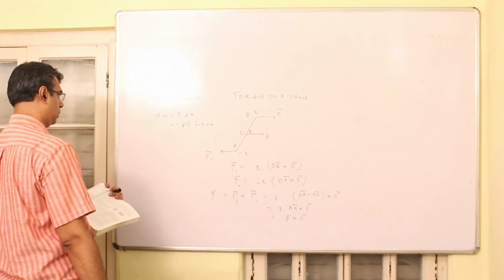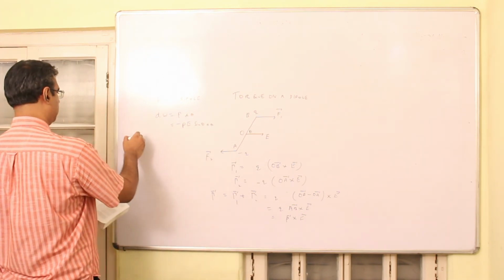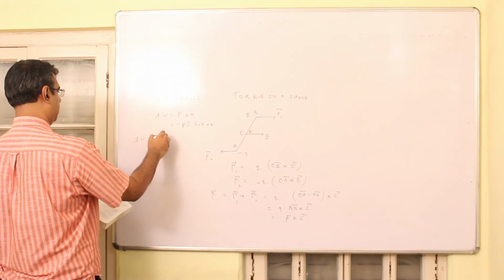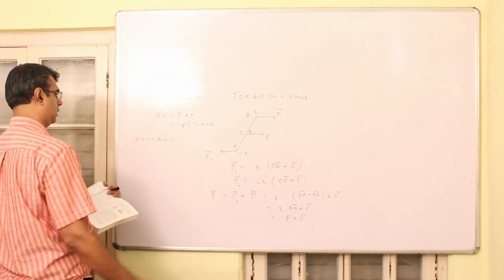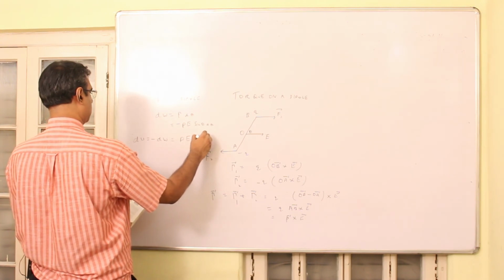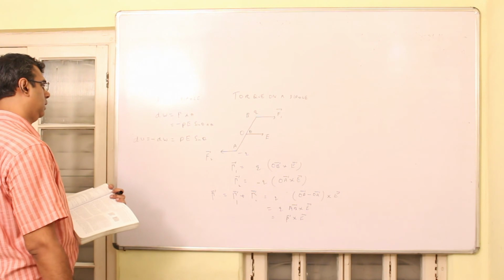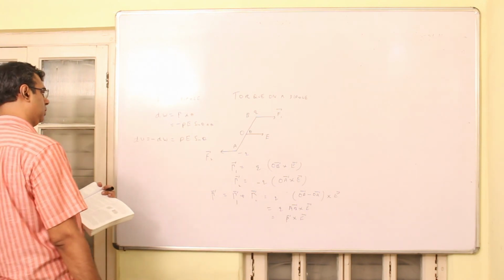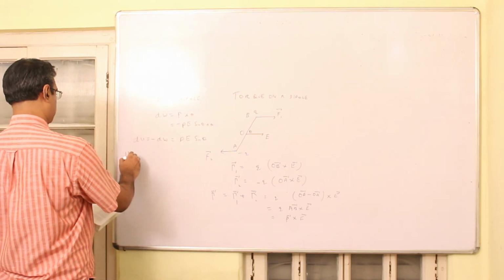So work done by torque is this, and you know that negative of work done by torque is equal to change in potential energy. So dU is minus dW, that is PE sin theta d theta.